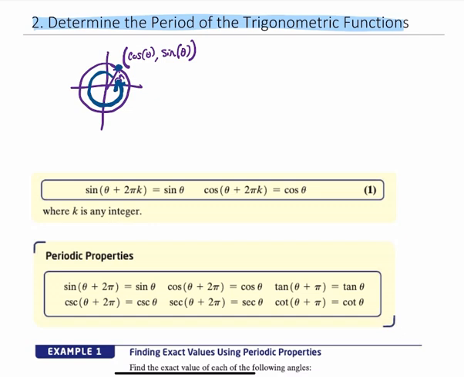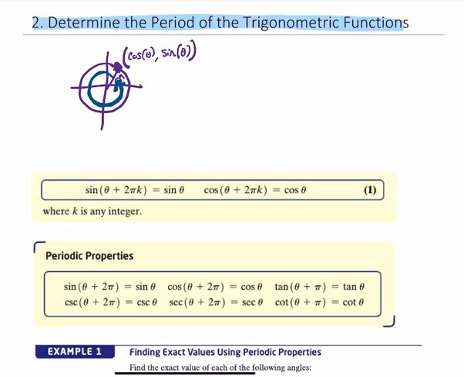But for now, let's just keep this idea of a point on the unit circle that gives the trigonometric values for that angle. If we rotate around 360 degrees, specifically for the sine and the cosine, we'll get the same sine and cosine values. We'll see that will be a little bit different for the tangent. But for now, let's start with sine and cosine, and that's what these two statements are saying.